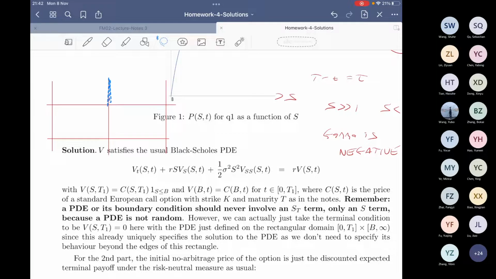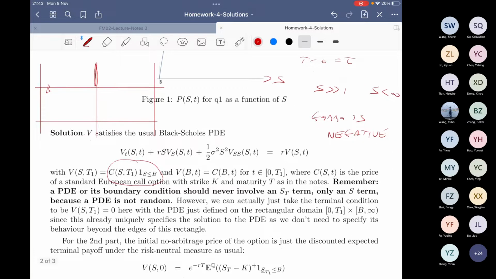The understanding with the boundaries is that you're just being given the option, like as a Christmas present right now, today. Is it worth anything? Well, it's not worth anything on this line because it's got no time to knock in and hit the barrier. Or it's not worth anything above the barrier level B, which of course is this level here. So along this line, the option is worthless. Below that line, the option is worth the usual European payoff, and therefore we can write the value as that.